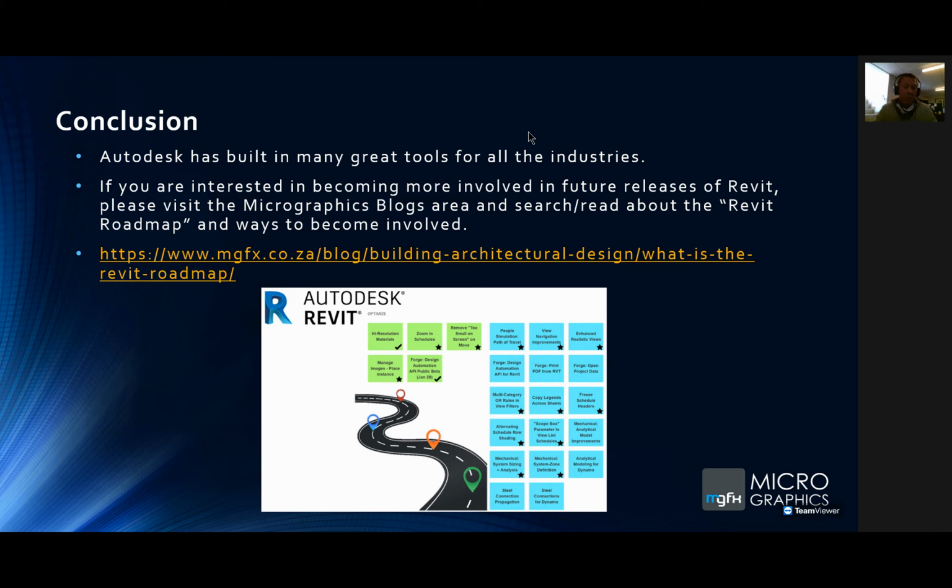So I want to talk about the Revit Roadmap. That is freely available, and I've in the past written a little blog on that, and also on how you as a user can get involved with this process of what features could get added in future releases.